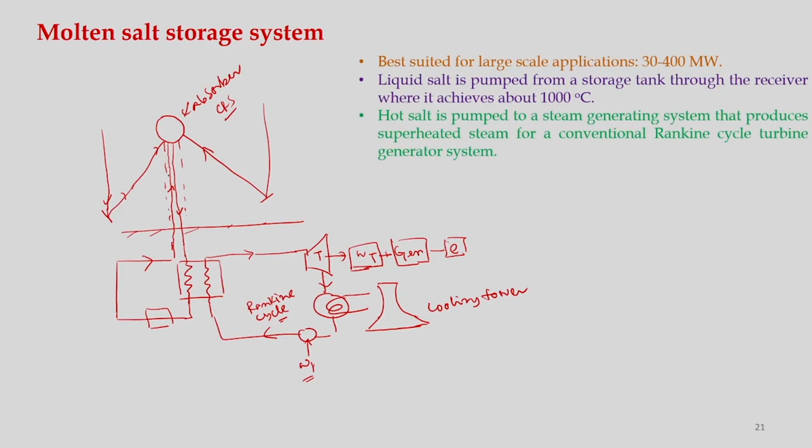So, if we use molten salt, we need to use some kind of pump to pump this cold molten salt, and it will go to the top of this receiver, and it will be heated up to a very high temperature, and then that has to be collected, right. Then it will go through this heat exchanger, then heat will exchange from here to here, where we have water as a heat transfer fluid in this circuit. Okay.